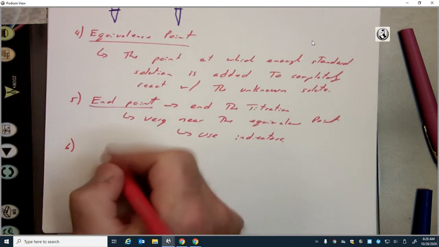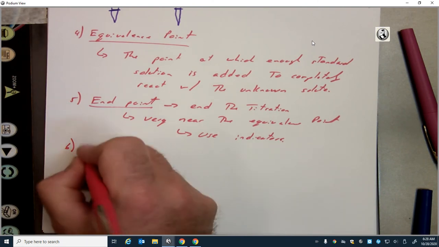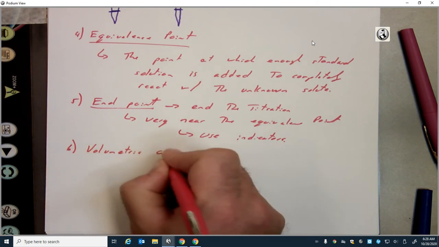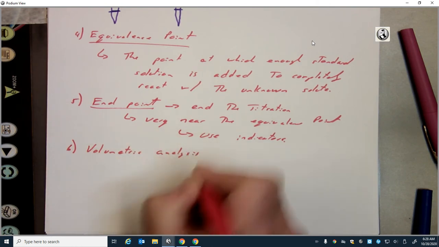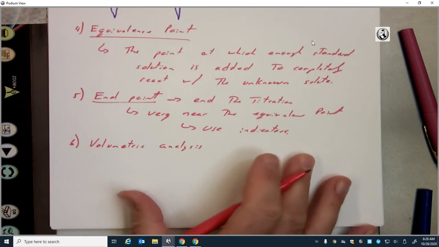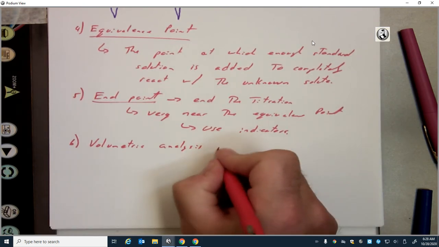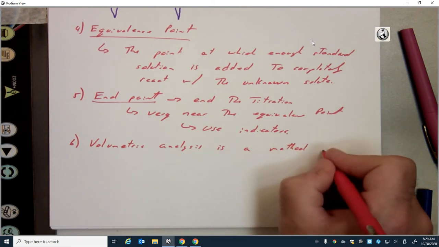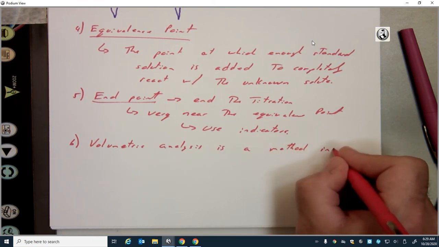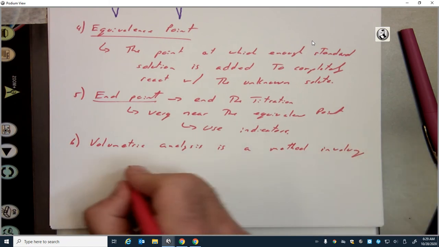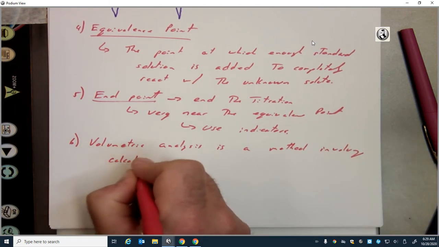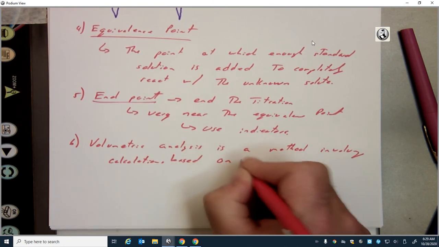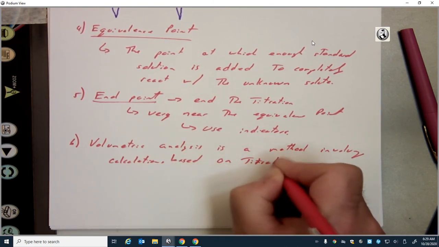All right, the last thing I want to talk about is called volumetric analysis. Volumetric analysis is a method involving calculations based on titration.